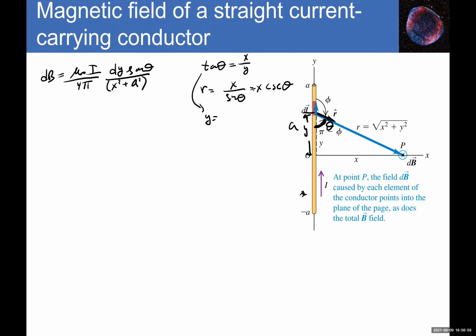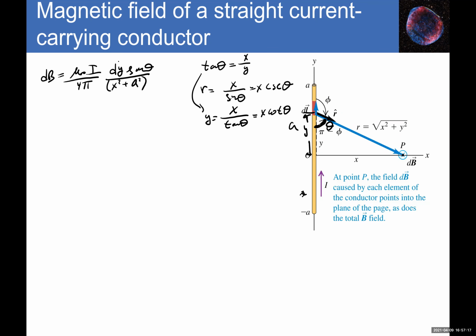So y is equal to x over tangent of theta. Then 1 over tangent theta is cotangent, so y equals x cotangent theta.